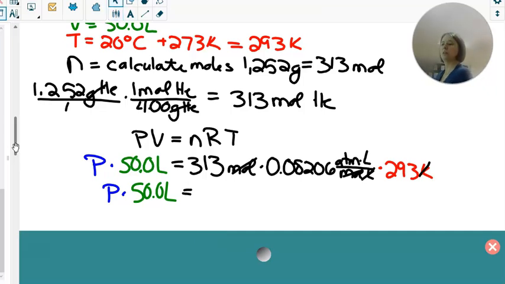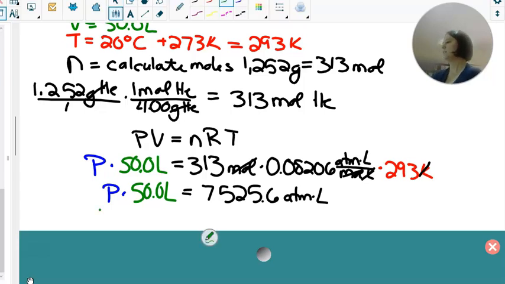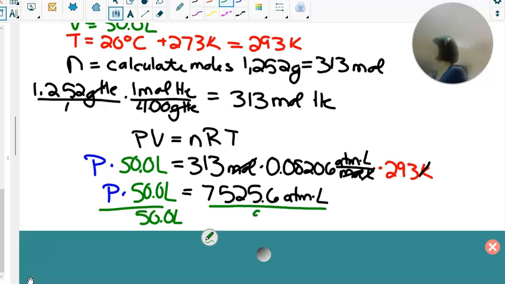So take a minute and do that. Okay, so I get 7525.6 atmospheres times liters. And then I'm going to divide each side by 50.0 liters.